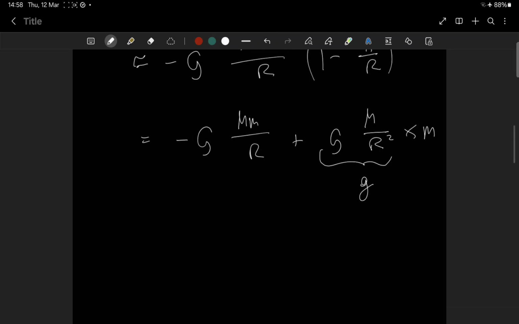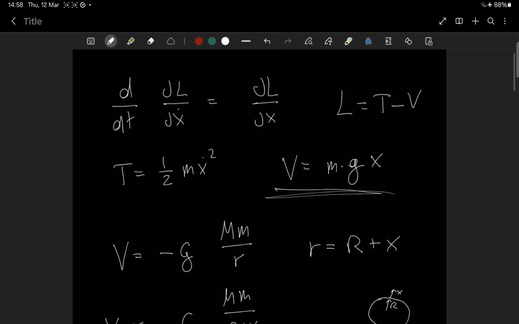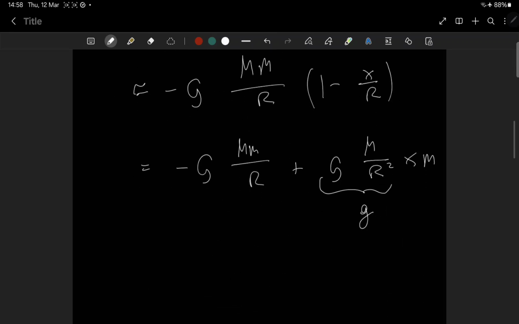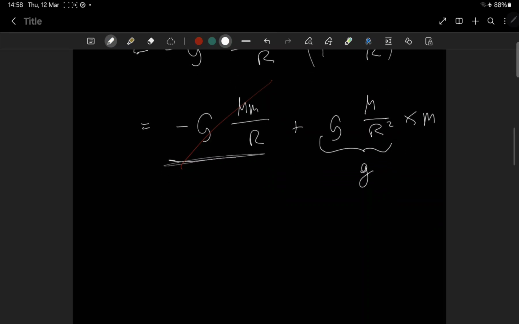But if you recall, look at the Euler-Lagrange equation. The derivative of the Lagrangian is taken with respect to x. And if you look here, we have one term which is constant and one term which contains x. So if I differentiate this with respect to x, the first term falls away, and what remains is that partial L by partial x is just mg.